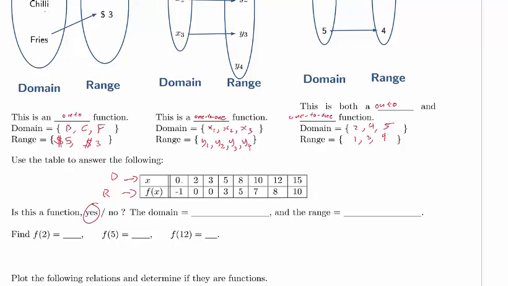But okay, so what is the domain? Well, the domain is simply 0, 2, 3, 5, 8, 10, and 12. And then the range, and note that in the range, you can repeat numbers and that's fine. It'll still be a function.